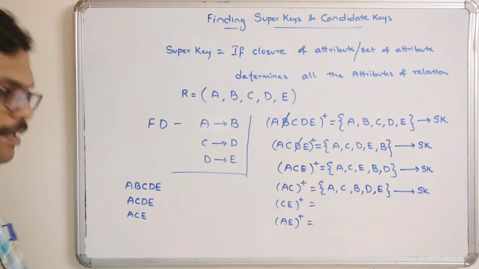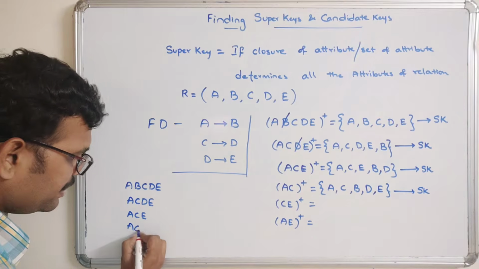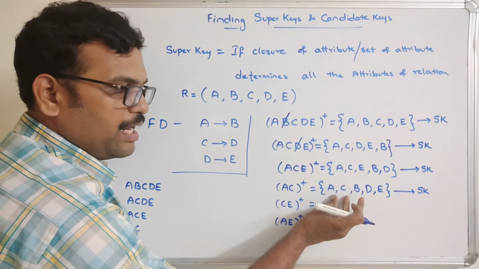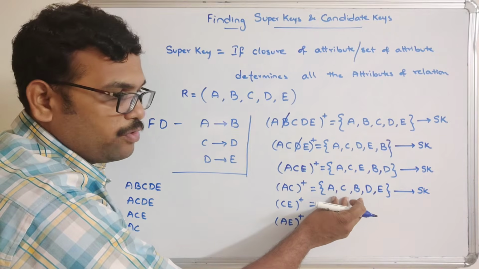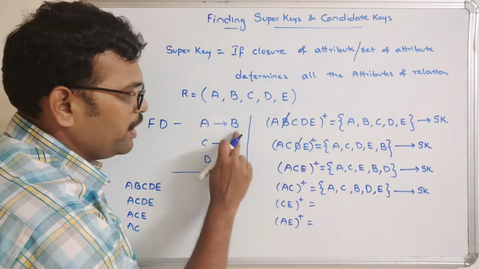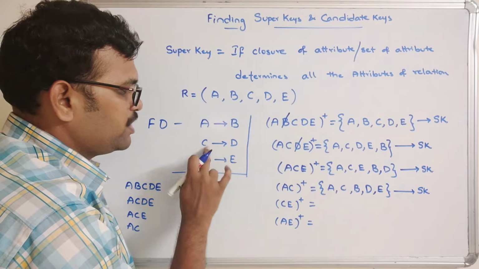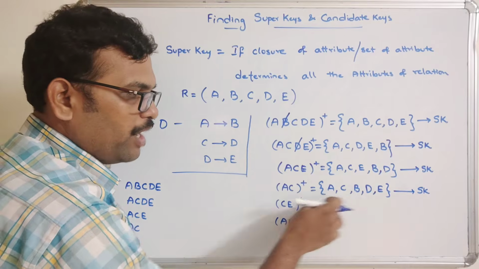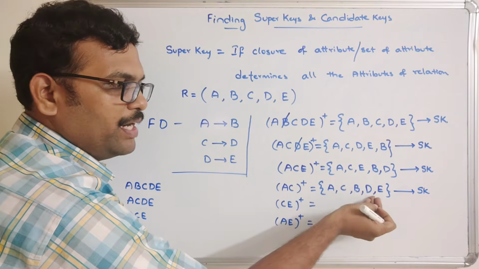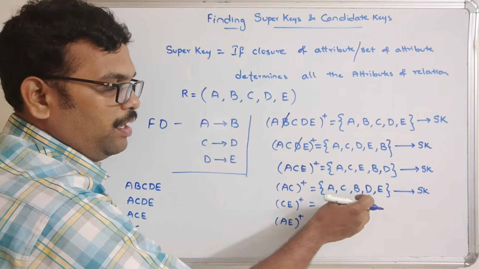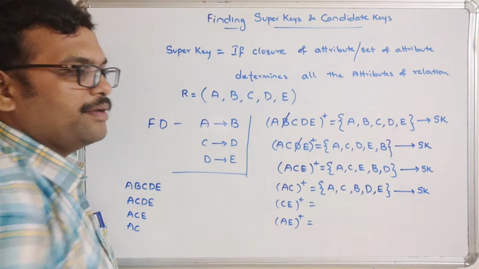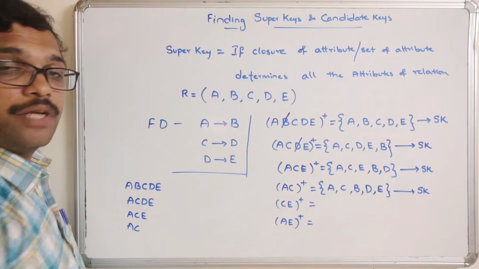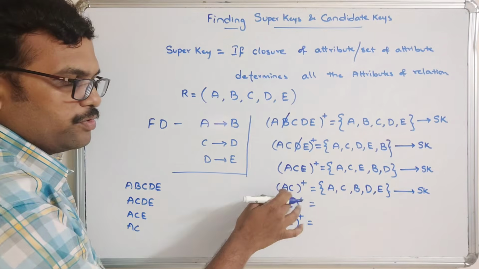AC is also a super key, because knowing the self attributes A, C we add them to the resultant set. If you know A, we can get B. If you know C, we can get D. And if you know D, because we have to check with the resultant, now we have D here, so we can also retrieve E. So this is also a super key, because all 5 attributes are determined by using AC.